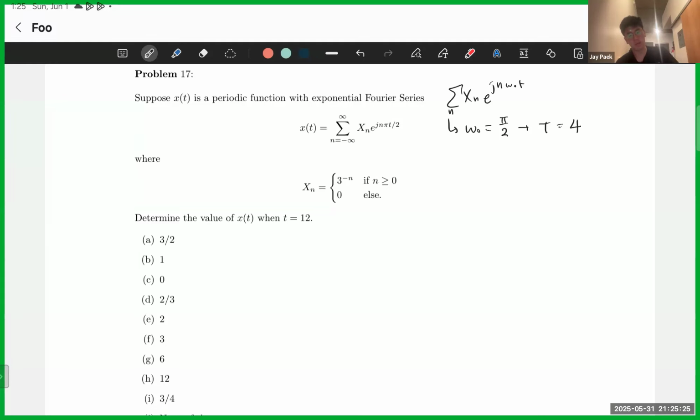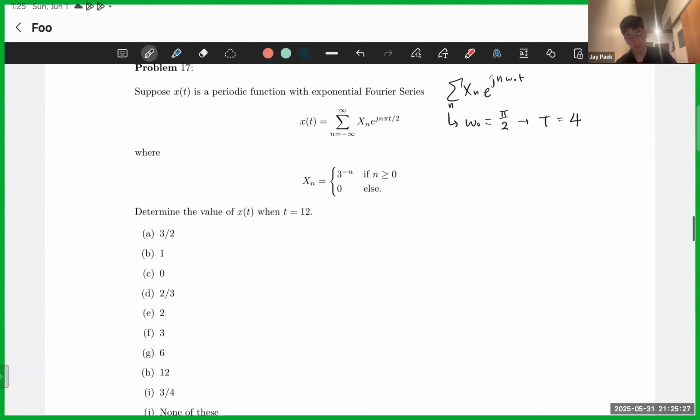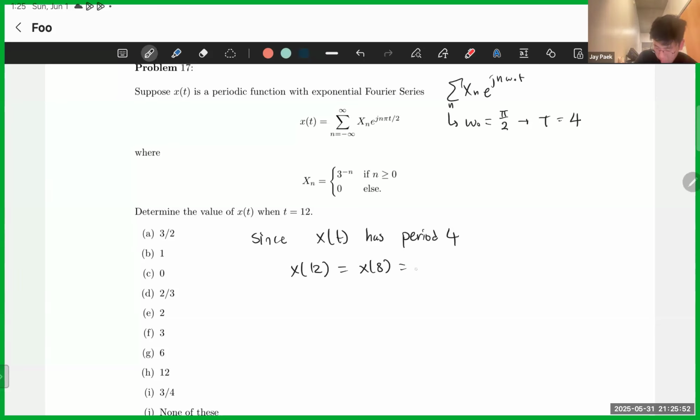So determining the value of x of t at t equals 12 is exactly the same as evaluating x of t at t equals 0. Is that clear to everyone? So remember, we have this nice relationship.